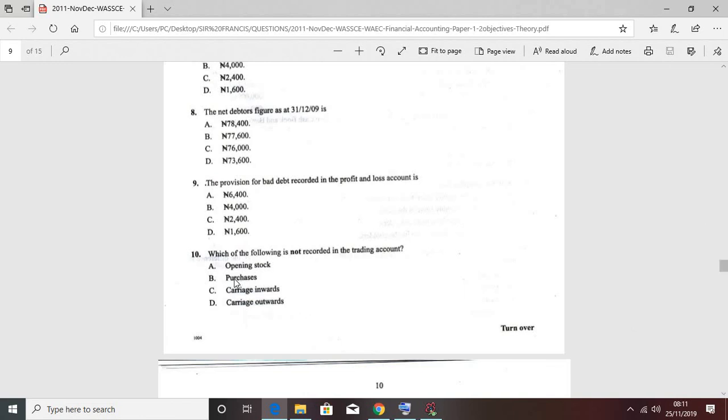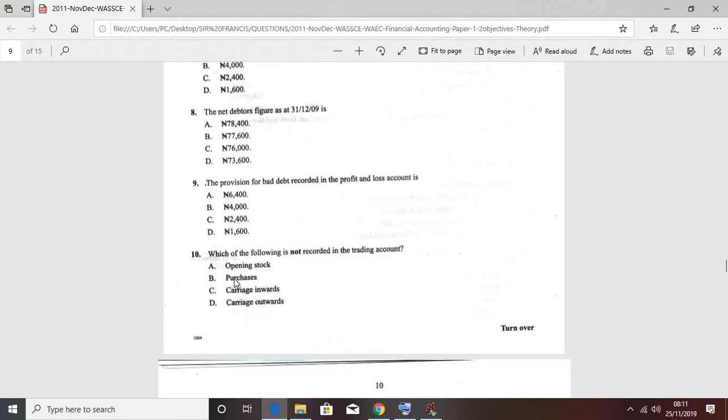What is opening stock? The opening stock has to do with the goods that we couldn't sell in the previous accounting year and it has been brought forward in the current accounting year. So does opening stock form part of the trading account? We have sales in the trading account. Then we have the cost of sales.